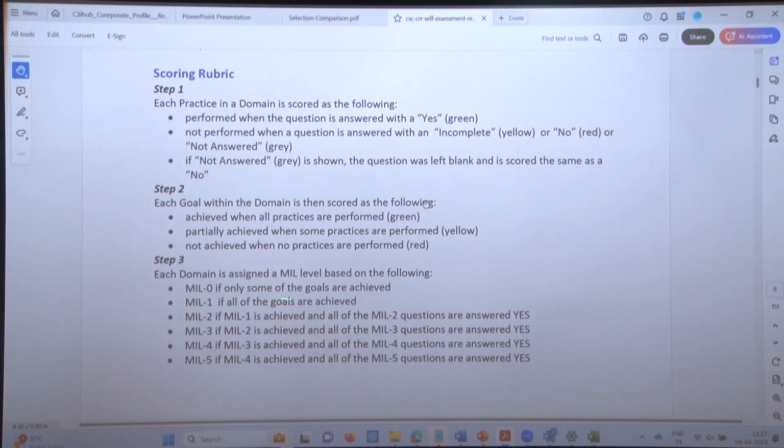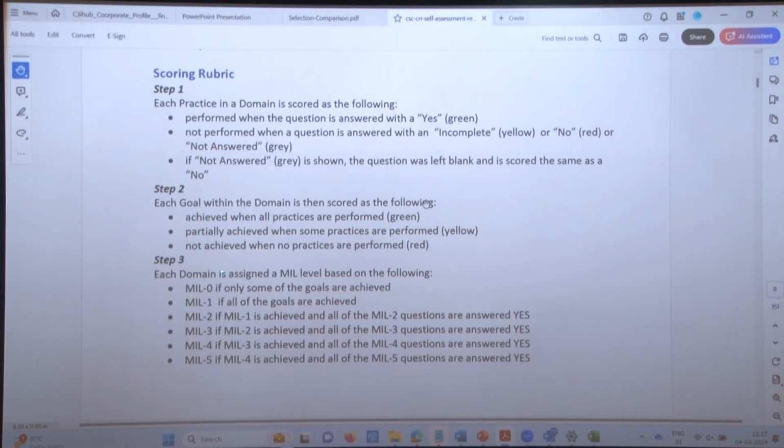So, MIL 0 is really bad, only some goals are achieved, right? For each domain there are some practices and some goals. If all goals are achieved for a particular domain, which means all practices are being done, then I get MIL 1.